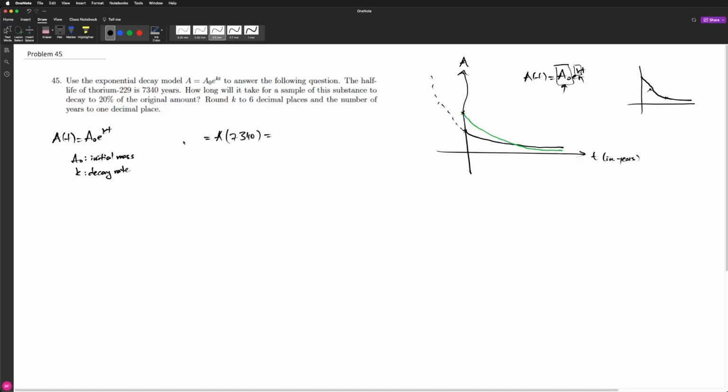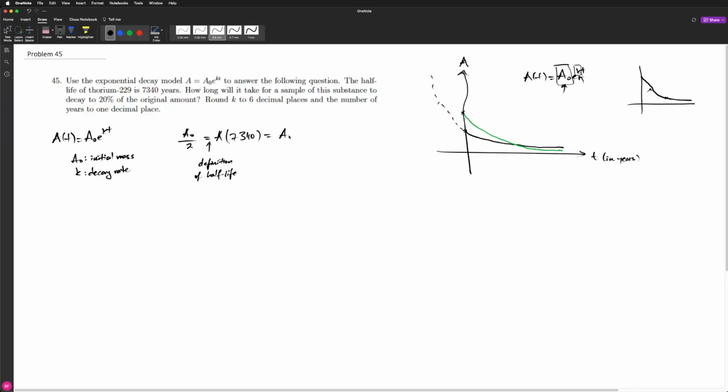On one hand, I have half of the initial mass, and it is the initial mass because when you plug in t equals 0, then e to the 0 becomes 1, no matter what k is. So A0 times 1 is A0. So at time t equals 0, you get A0. So after 7,340 years, you have half of the initial mass. That's the definition of half-life.